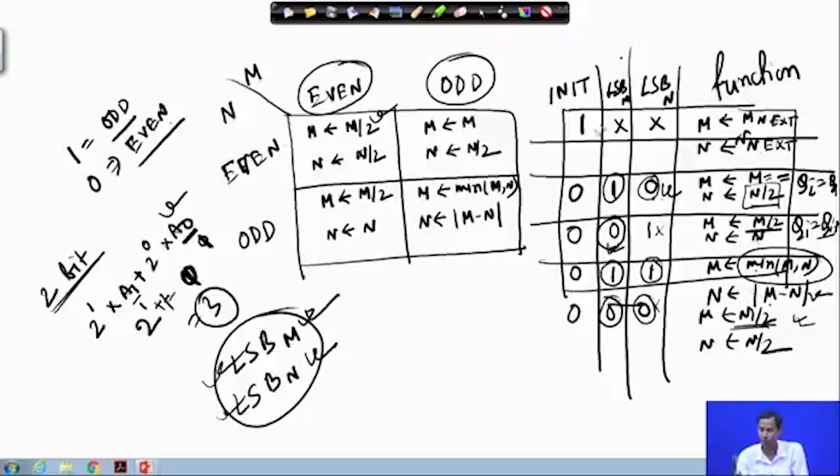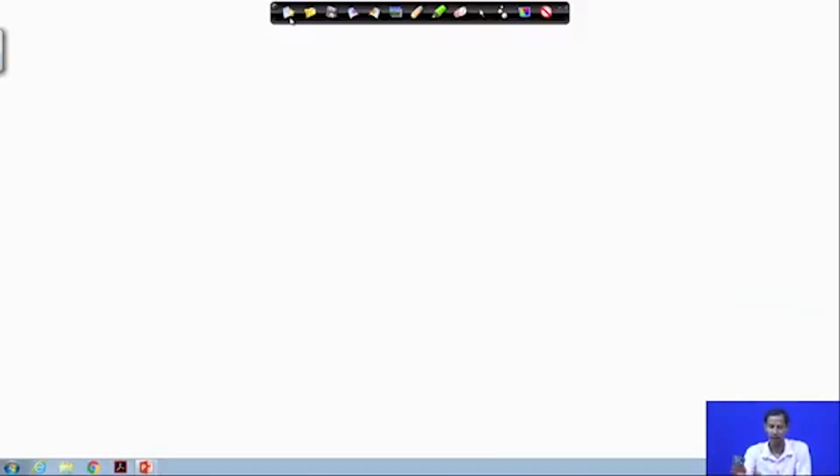Now, if I try to rewrite this same table, how can I rewrite it as something like this?